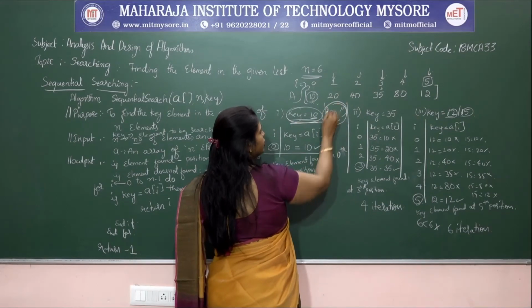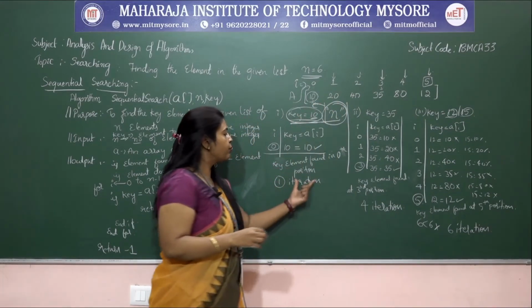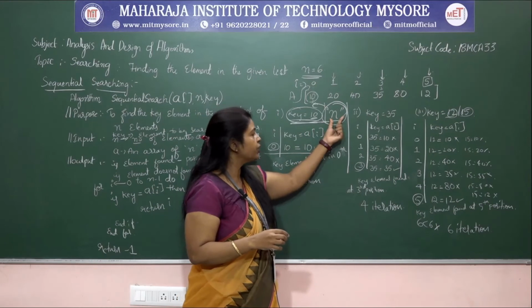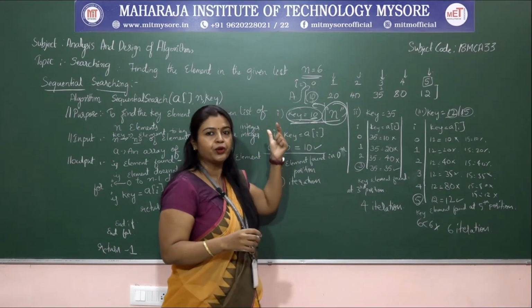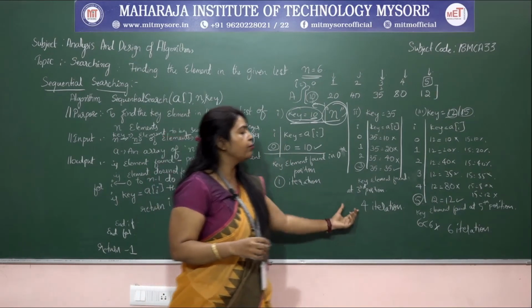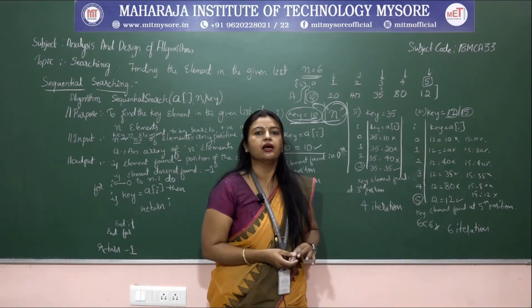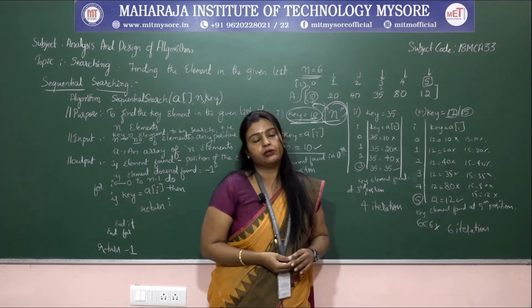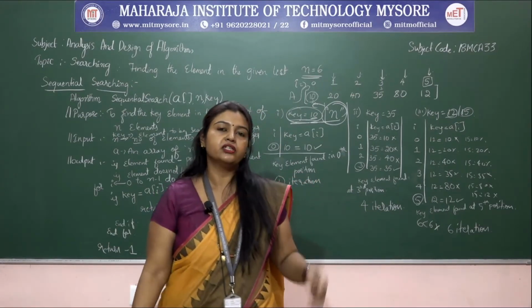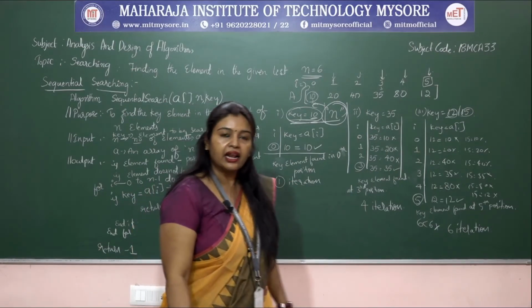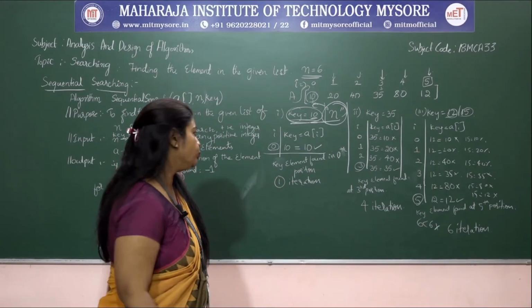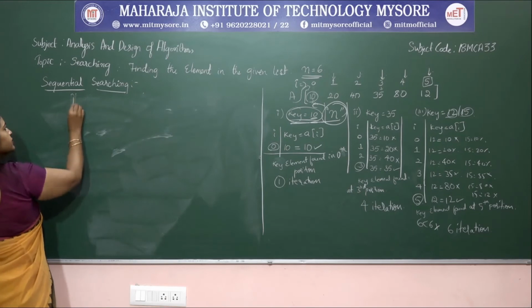The number of iterations is based on your input size, and also it is based on the key. Okay, based on that the number of iterations varies. So that's why, while doing the analysis, this point is very important. Okay, so let us analyze the algorithm, you will get to know. So analysis.